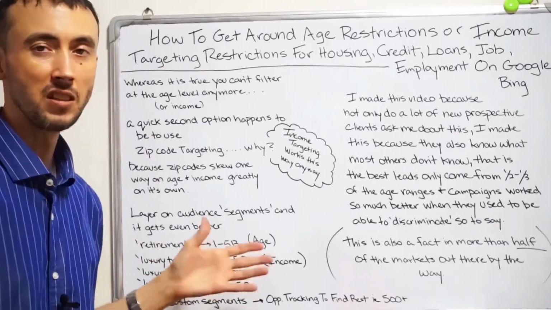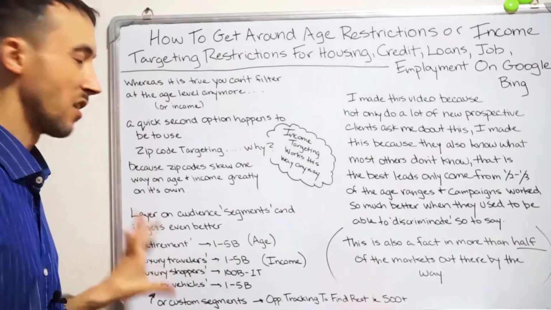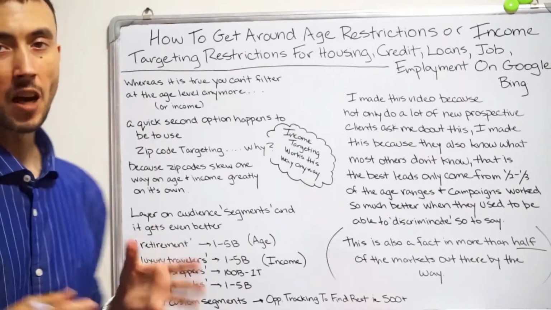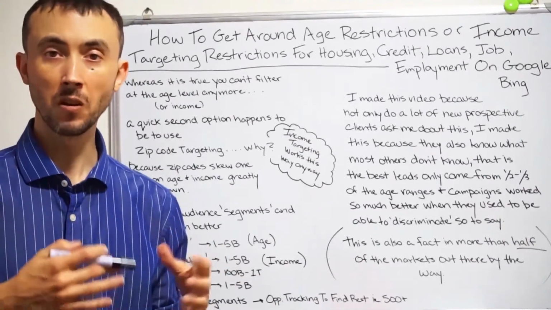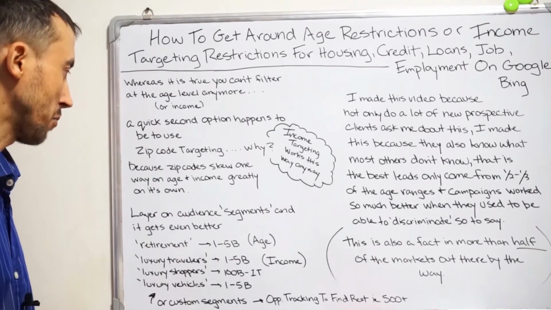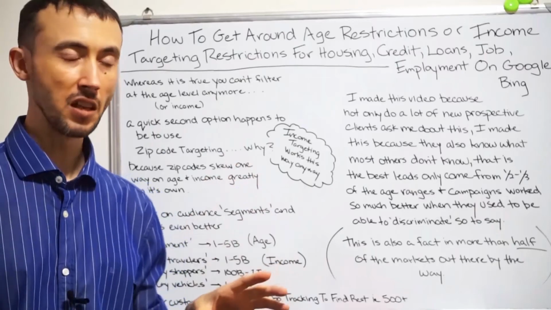I gave you the exact formula for 90% of use cases of you guys that need to do filtering by age or income demographics. I want to add a couple other notes about this. Some of you might need a little bit different filtering. There's something called a custom segment. I love the fact that Google has done this.